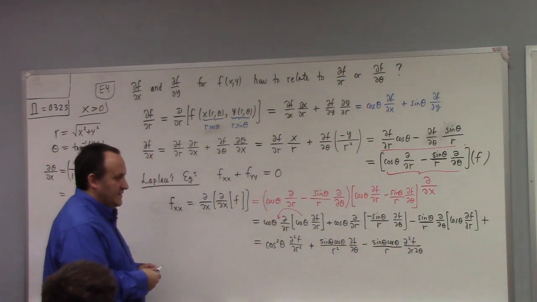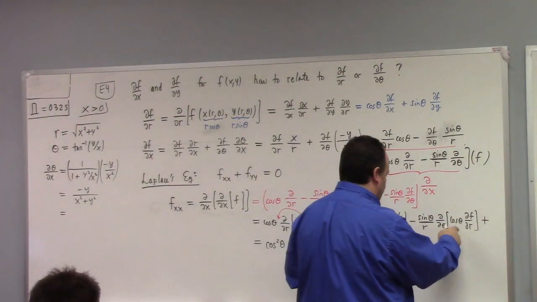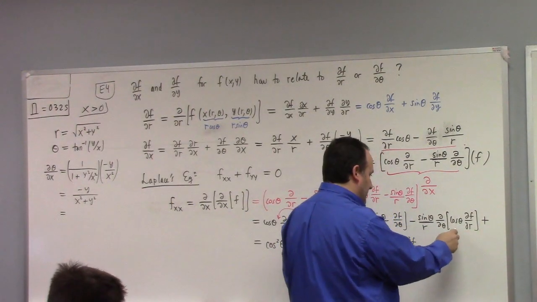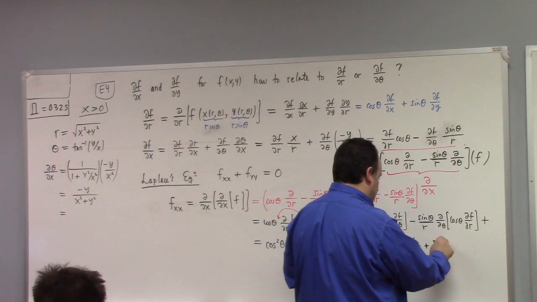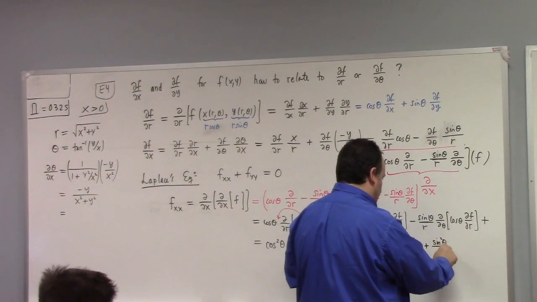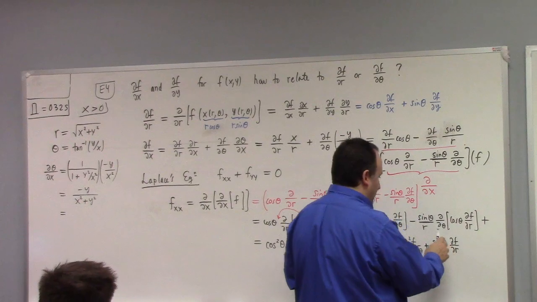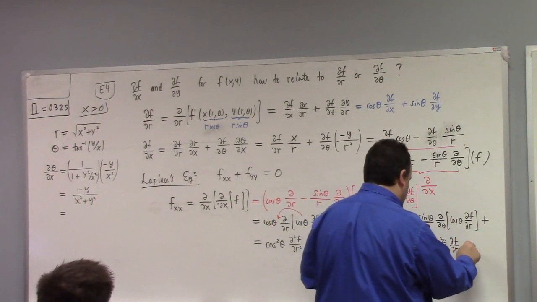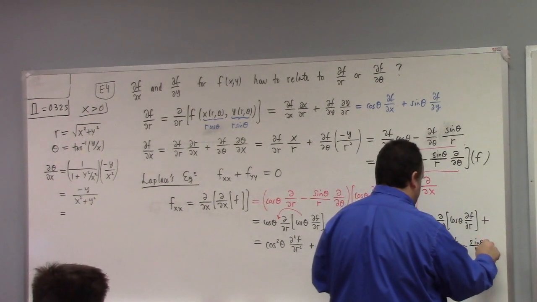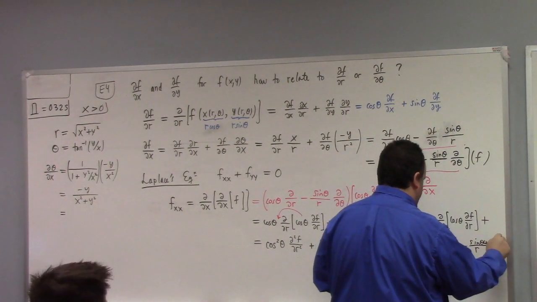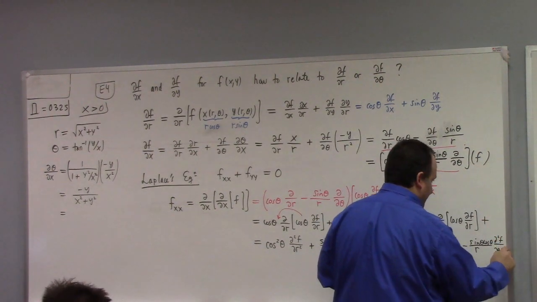And then what's next? So far I've just covered the first 2 terms. Now this here, again, I've got a product rule. So that gets me a plus sine squared theta over r partial f partial r. And then minus sine theta cosine theta over r partial squared f partial theta partial r.